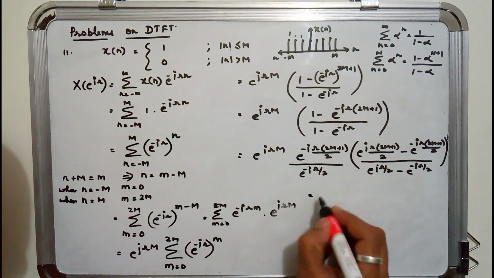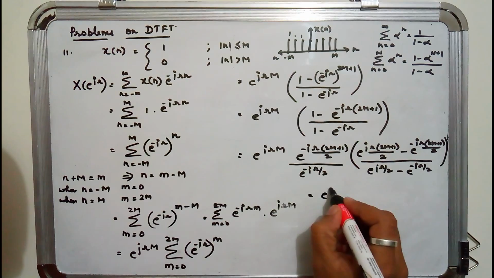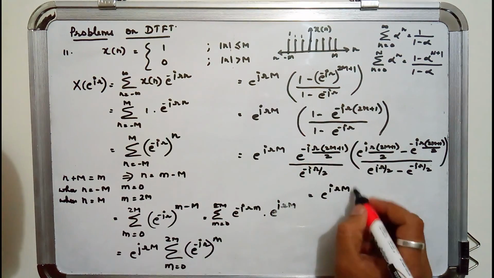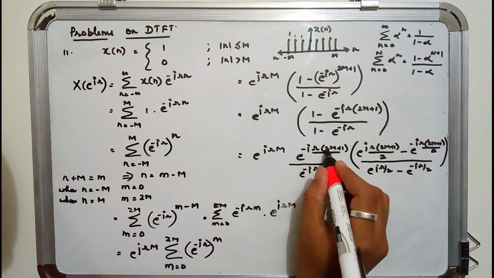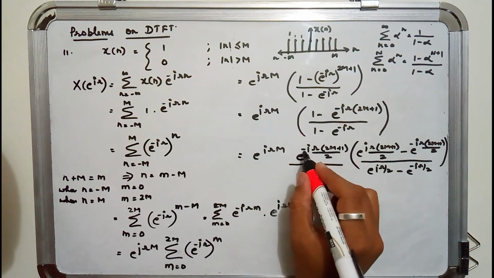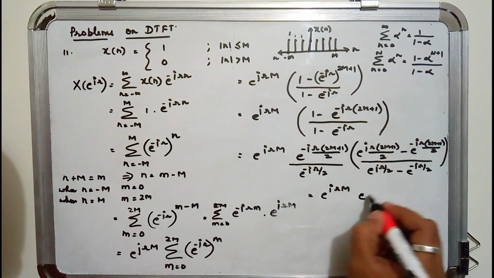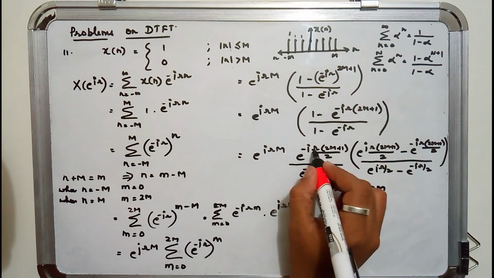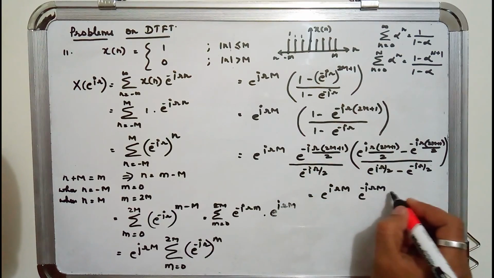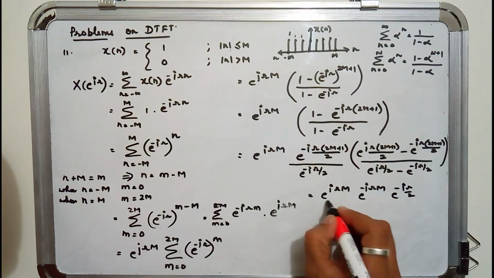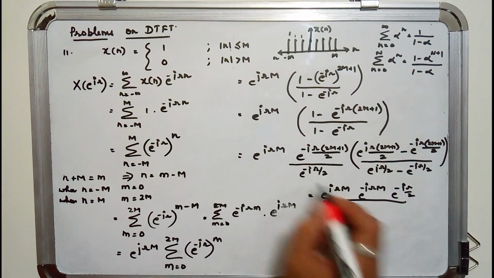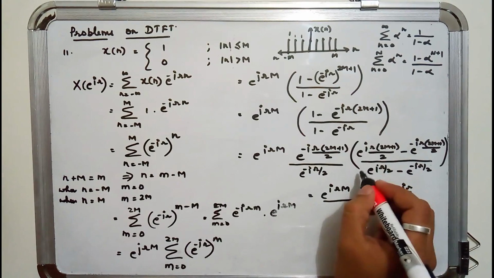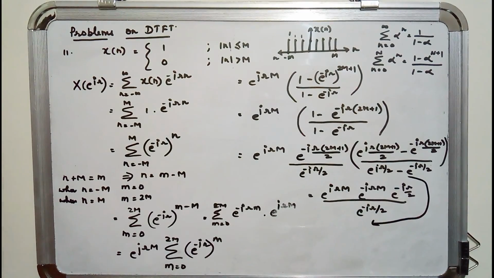So if I simplify this, e power j omega M into, if I split this, I will be getting e power minus j omega into 2M divided by 2. 2 gets cancelled, so I get e power minus j omega M. e power minus j omega M into e power minus j omega into 1 by 2. So it is e power minus j omega by 2 divided by e power minus j omega by 2 into this entire term will come here.